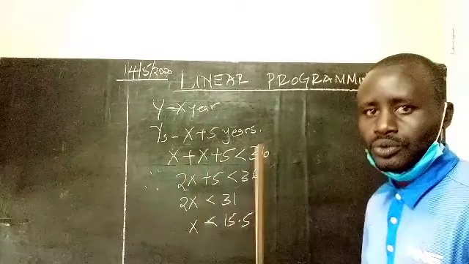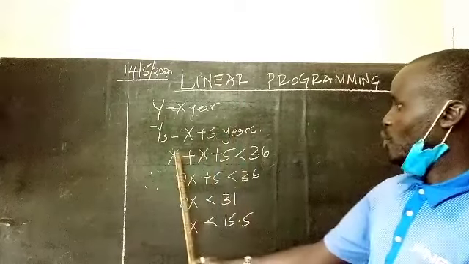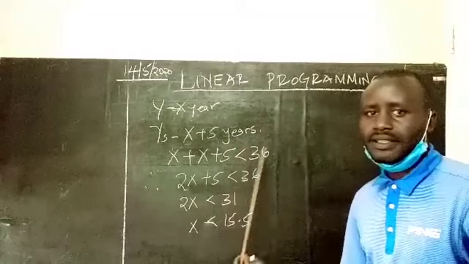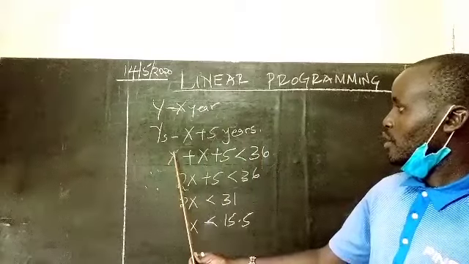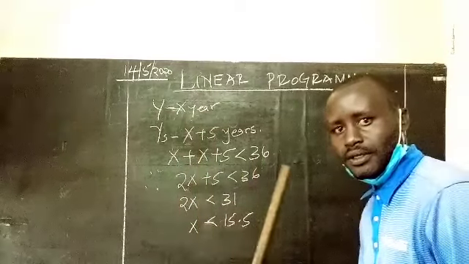When you add the two, Yona and her elder sister, we have the sum giving us less than 36 years. So here we are going to use all this information to form these inequalities.